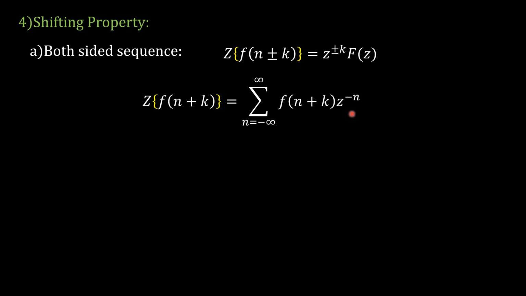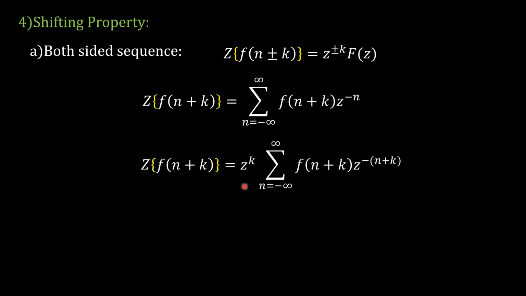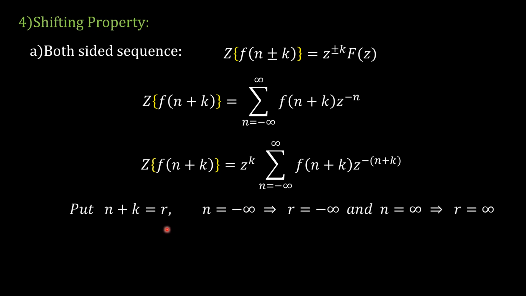Now, we multiply and divide by z raised to k. That will give us z raised to k into summation n runs from minus infinity to infinity f of n plus k z raised to minus n plus k. Now to express it in the standard form of the definition of Z transform, we will replace this n plus k by r, and therefore as n tends to minus infinity, r tends to minus infinity, and as n tends to infinity, r tends to infinity, since k is any finite constant.